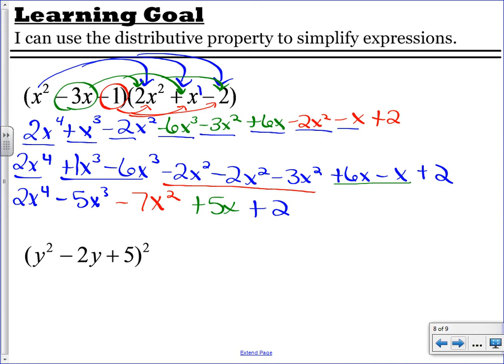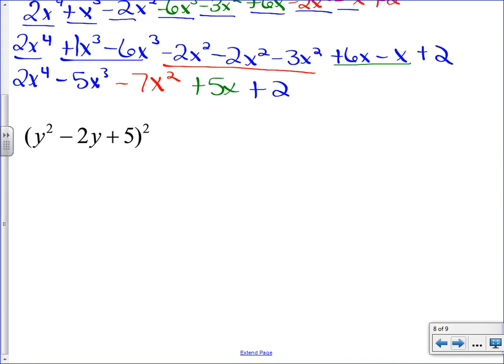Okay. Zach. Any idea what we would do here? What does this mean? What do exponents mean? Times it by itself.